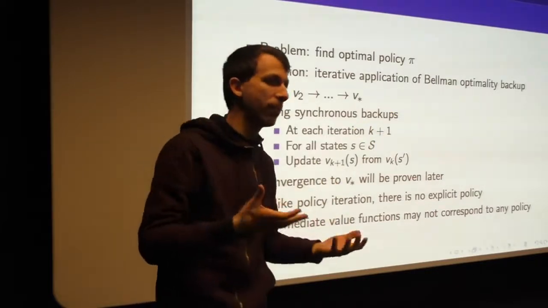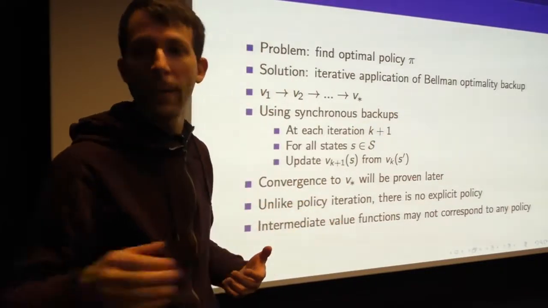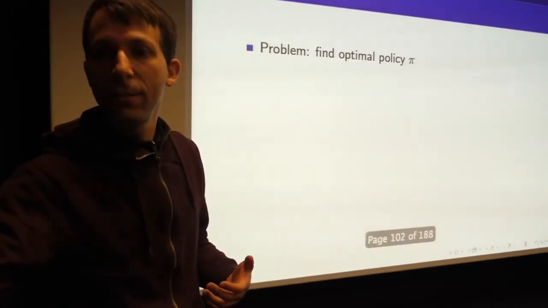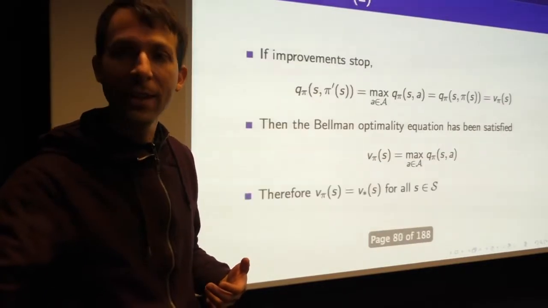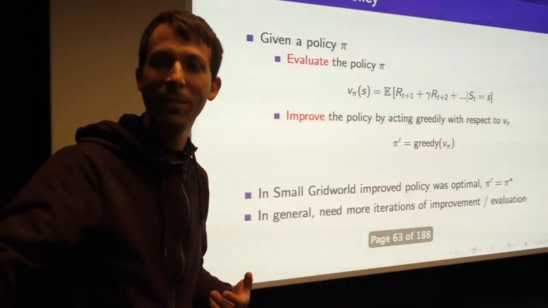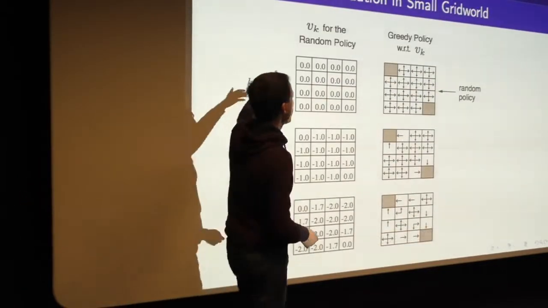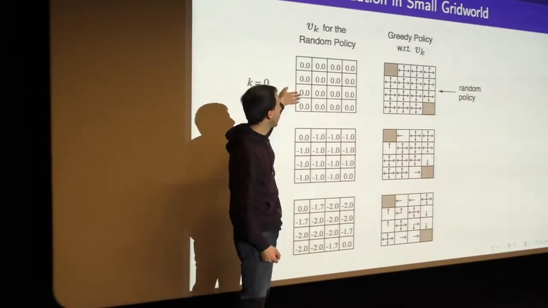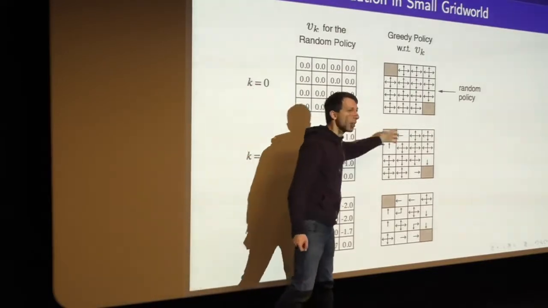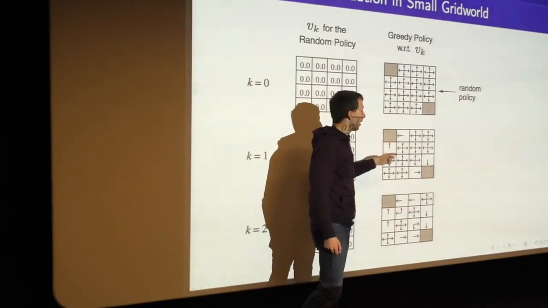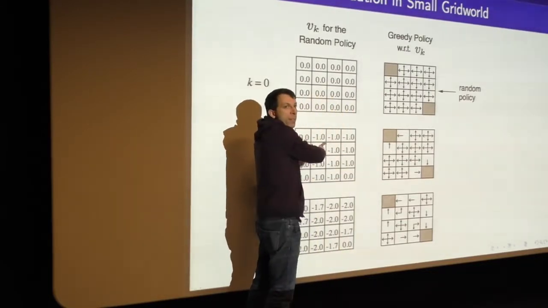It's more like modified policy iteration. If we go back to this algorithm, it's more like you just do one step of evaluation and then immediately act greedily with respect to it. What's the semantics of this value function?